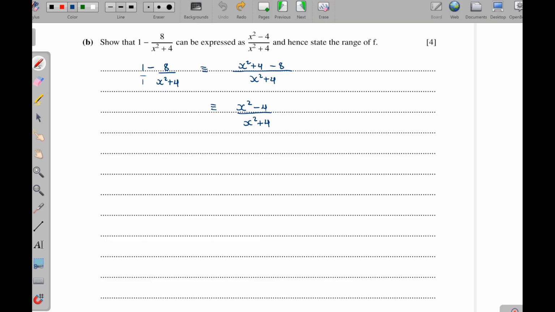So the value of f of x is going to be less than 1. But this whole thing cannot be 0, because this one will never be a 1. I think it can be a 1. Yes, it can be a 1, if this one is 2. Because if I have 1, then minus 8 out of 2 squared plus 4. So 4 plus 4, 8. Then this one will be what?